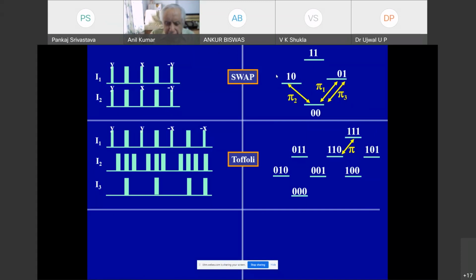Corey published a paper a few weeks or months later, saying that this is a swap gate, and he did it using these pulses. And so we said, oh, you can do a swap gate like this, we can do a swap gate like this, and this launched us. We were not doing any quantum computing by NMR.